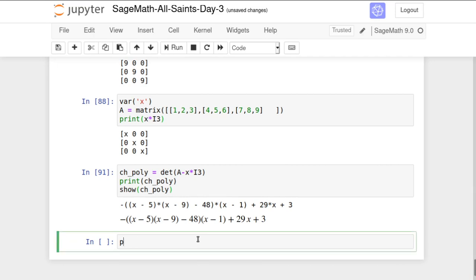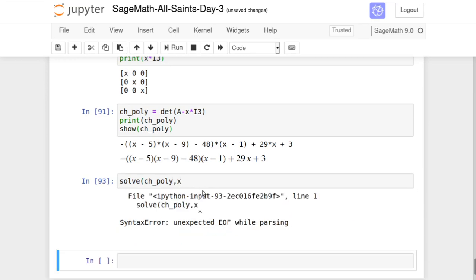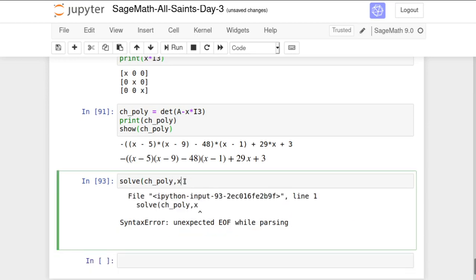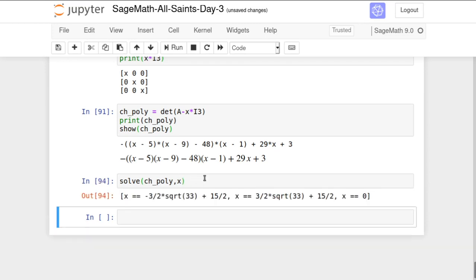Print solve characteristic polynomial. We use solve characteristic polynomial for x. We get the output to be x is equal to minus 3 by 2 square root of, okay, maybe I can show.